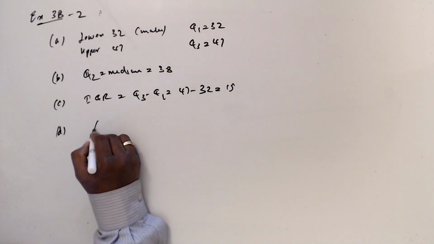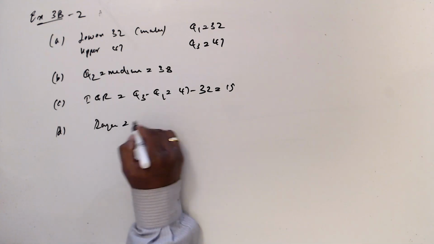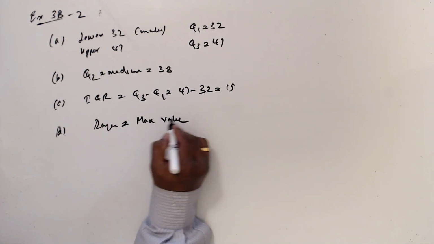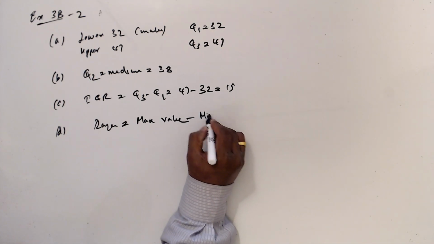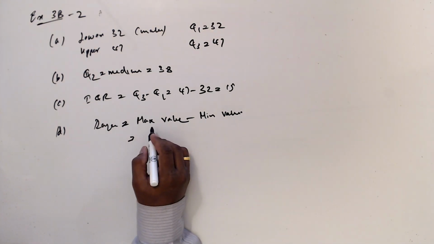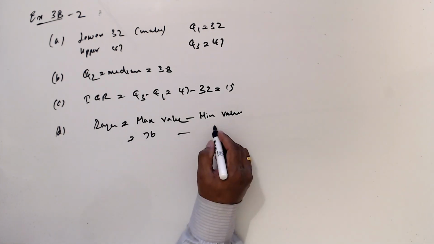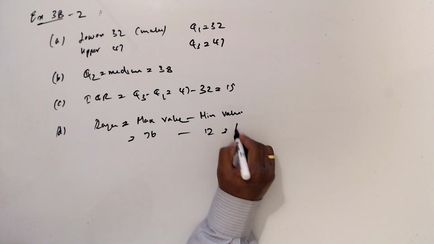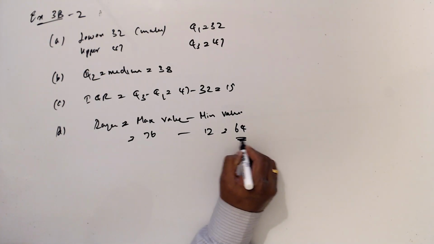And part D, range, is max value minus minimum value. The maximum value you can find, that is 76, minus the minimum value, 12, so the range is 64.